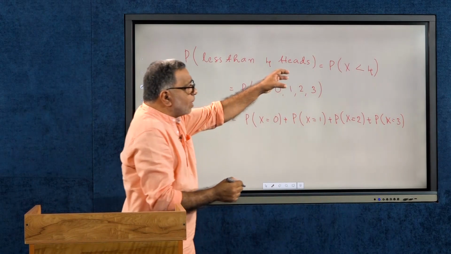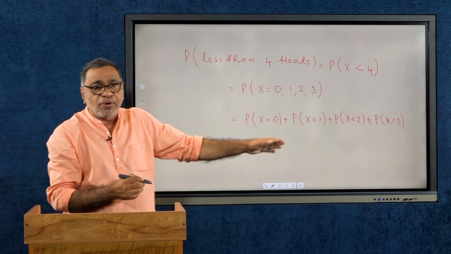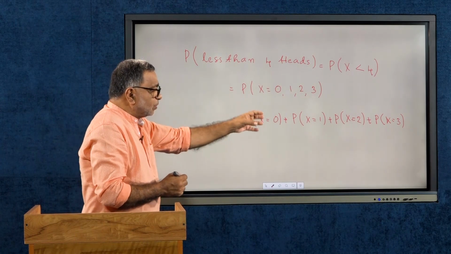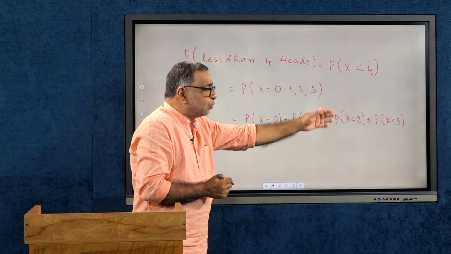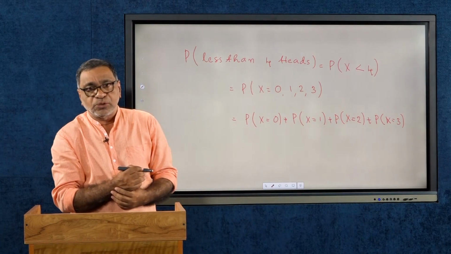So, in order to find the probability of X less than 4, we are finding the probability of X equal to 0, X equal to 1, X equal to 2, and X equal to 3.